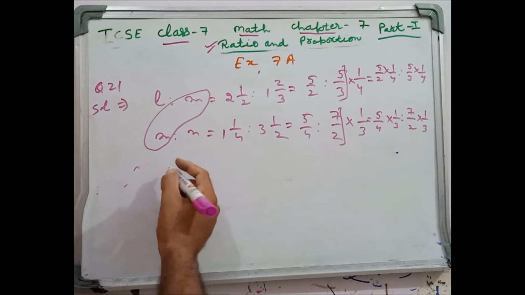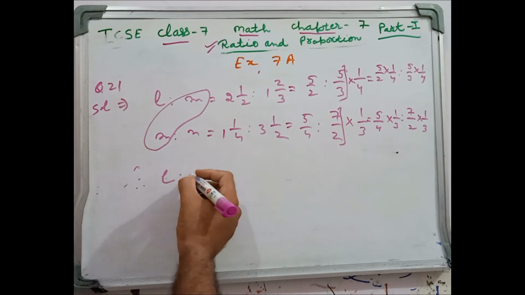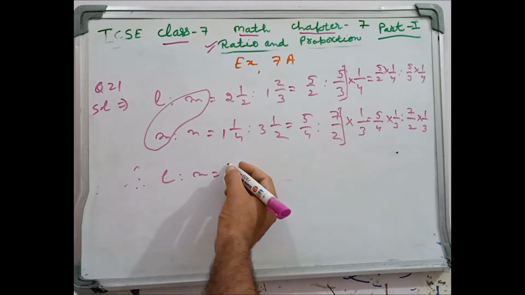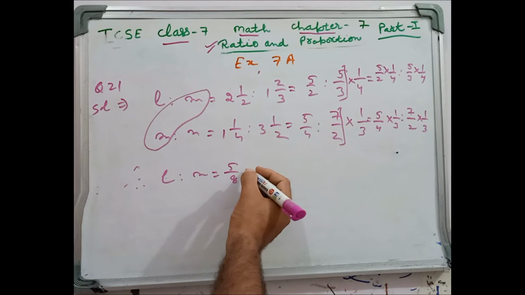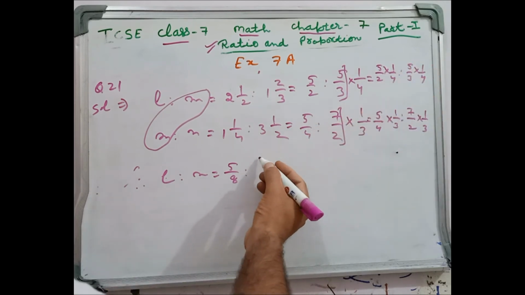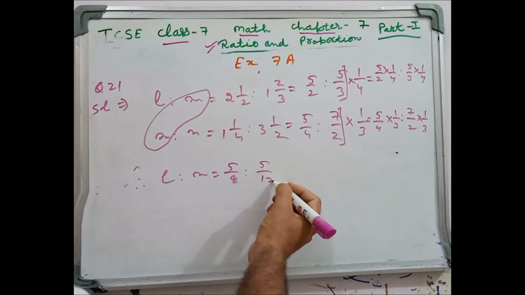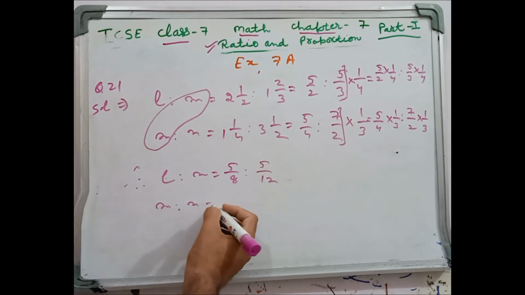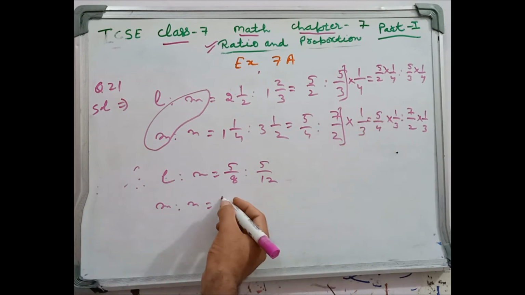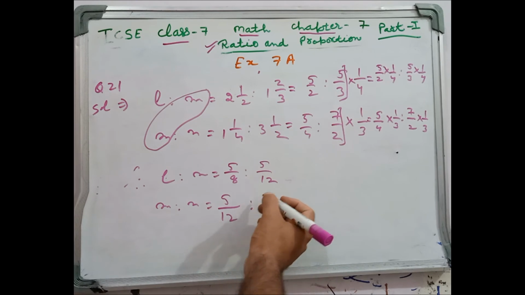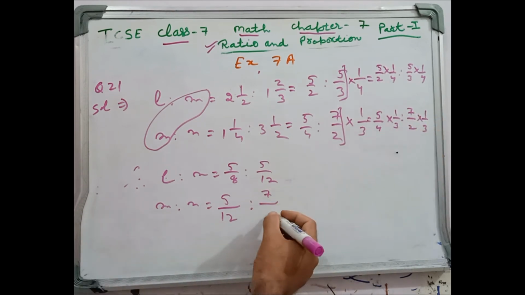Therefore L ratio M would become 5 1 ja 5, 4 2 ja 8, 5 upon 8 ratio 5 1 ja 5, 4 3 ja 12, 5 upon 12, right? And M ratio N will become 5 1 ja 5, 4 3 ja 12, ratio 7 1 ja 7, 3 2 ja 6.